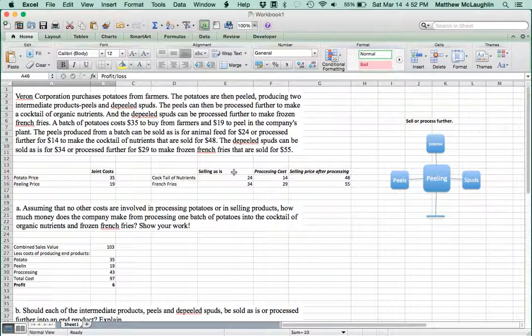So this chapter is all about decision making, and pretty much you're just applying the same concept of determining avoidable costs and then seeing if it's worth it to a bunch of different situations. One of the situations we're asked to deal with turns out to be the sell or process further decision, and that's what's happening in this problem.